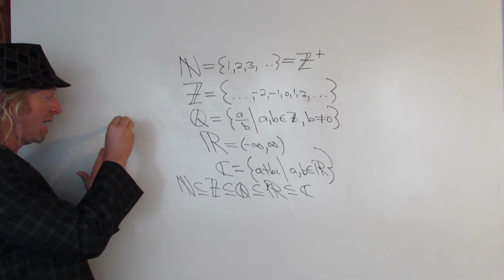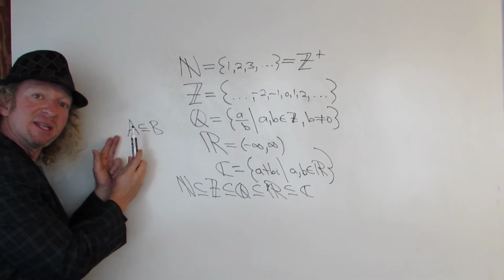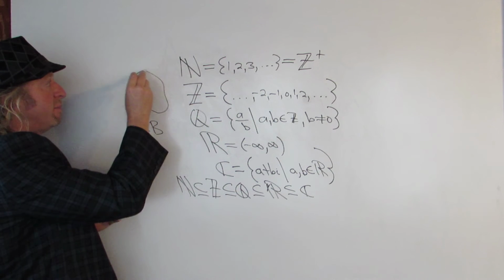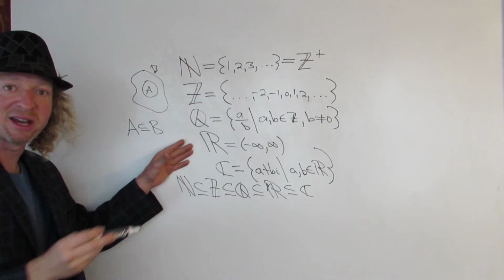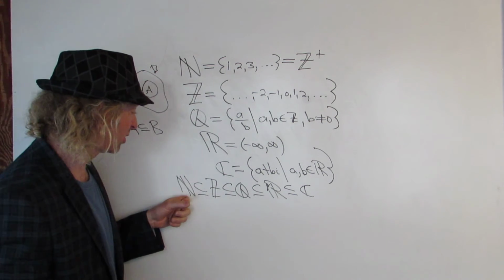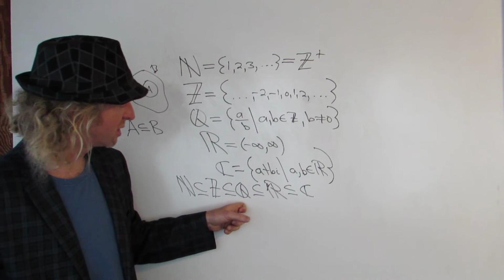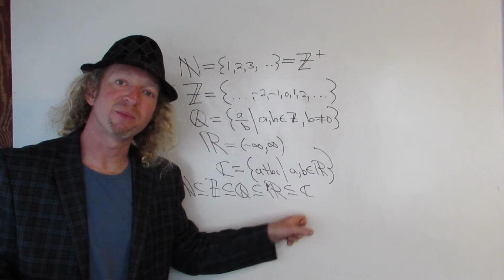So if you write A is a subset of B, this means that all of the elements in A are also in B, so it's contained in B. So if this is your set B graphically, your A is contained entirely inside of it. So the natural numbers are a subset of the integers, which are a subset of the rational numbers, which are a subset of the real numbers, which are a subset of the complex numbers.